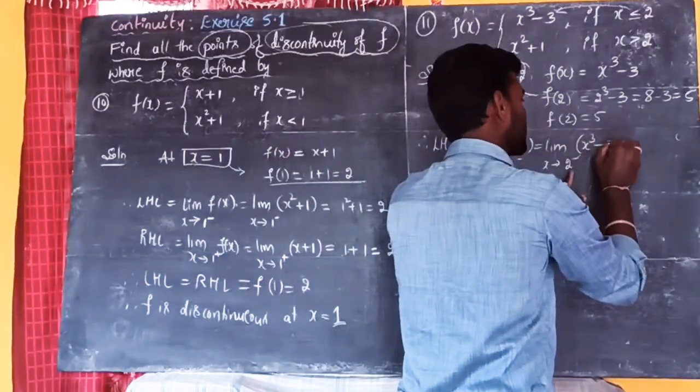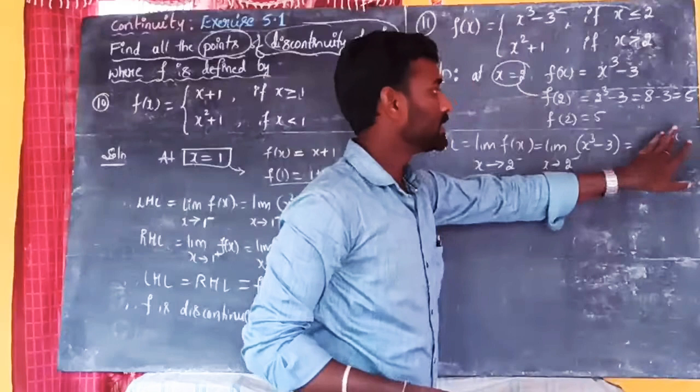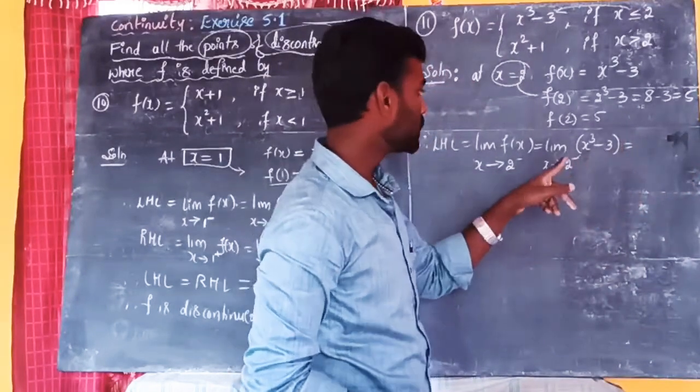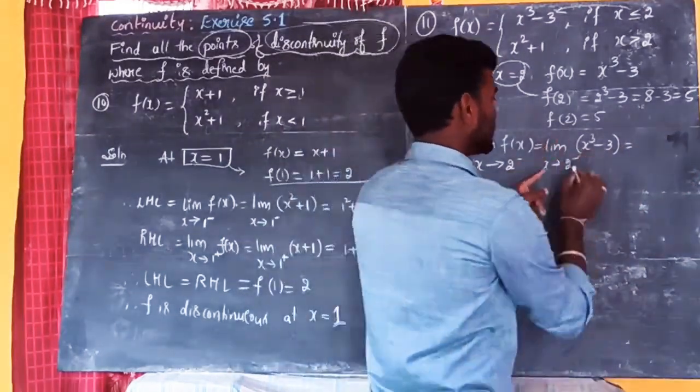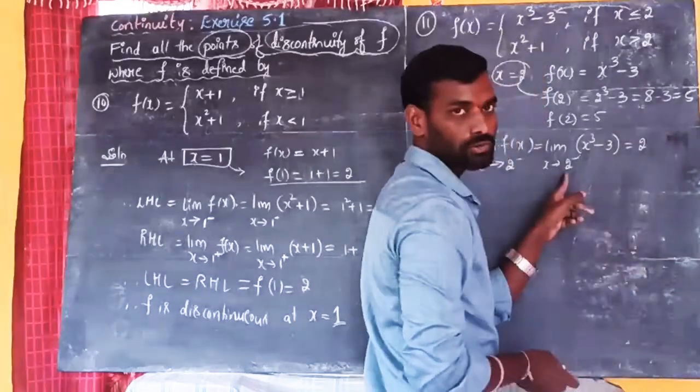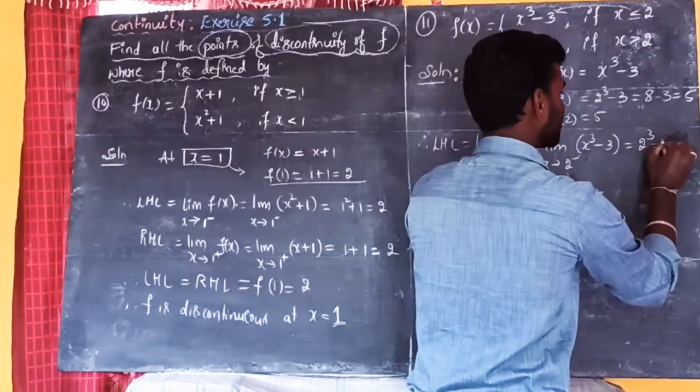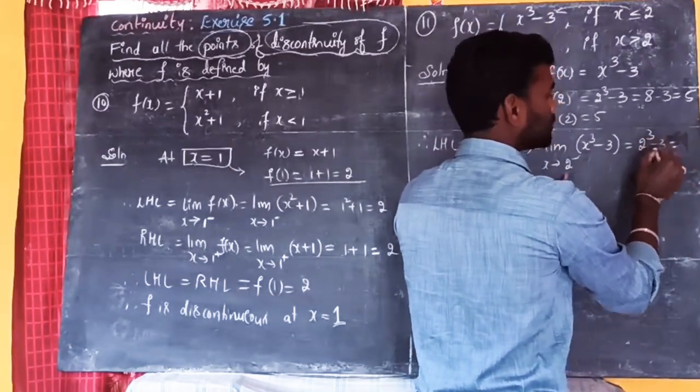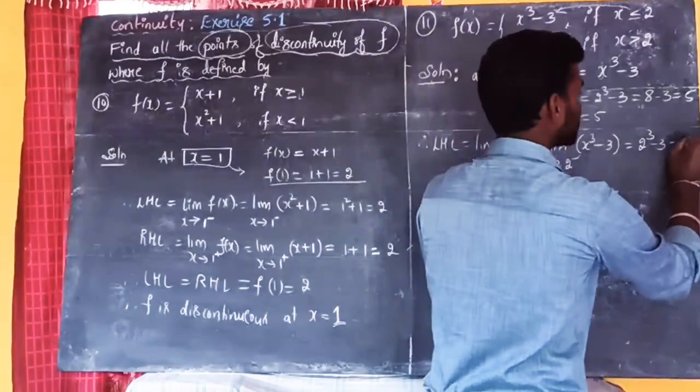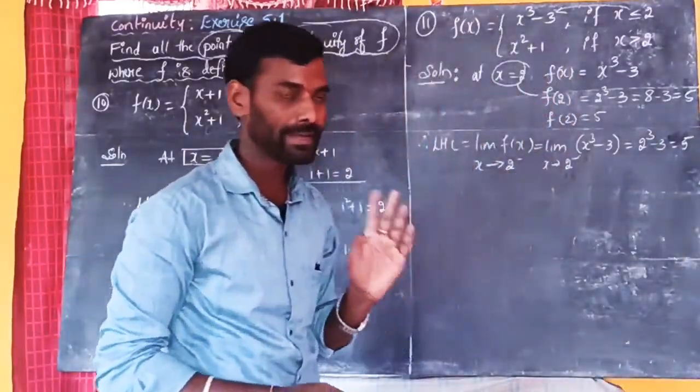Substituting 2, that's 2 cube minus 3, equal to 8 minus 3, which is 5.